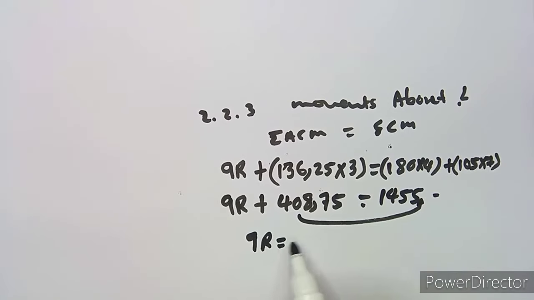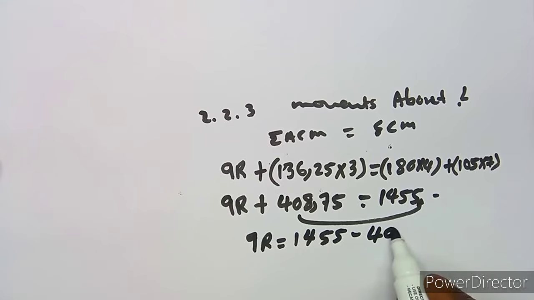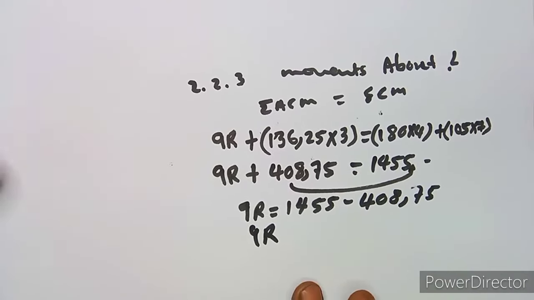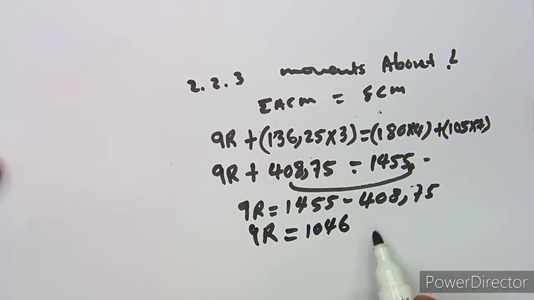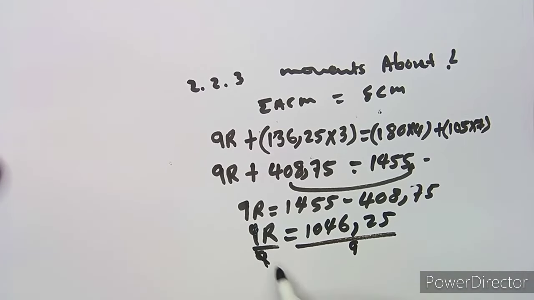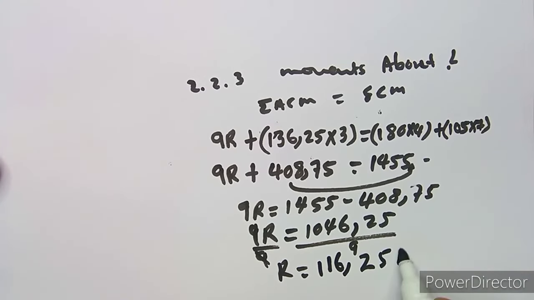So 9R is going to be 1455 minus 408.75, because it was a positive, so now it's a negative. So that means 9R is equivalent, if you subtract, you're going to obtain 1046.25. Then definitely you divide by 9, that will be the value of R there, which is 116.25 Newton.